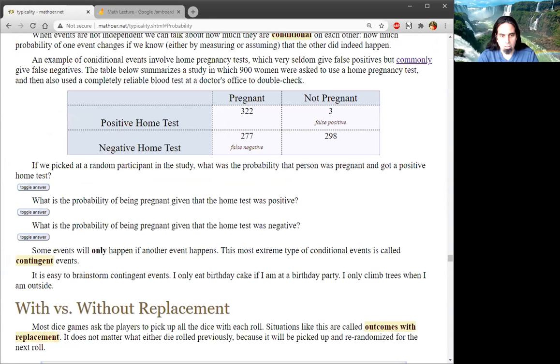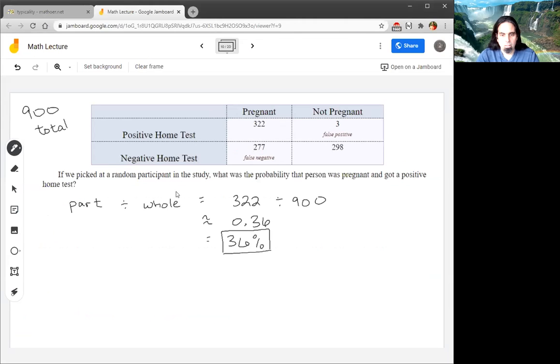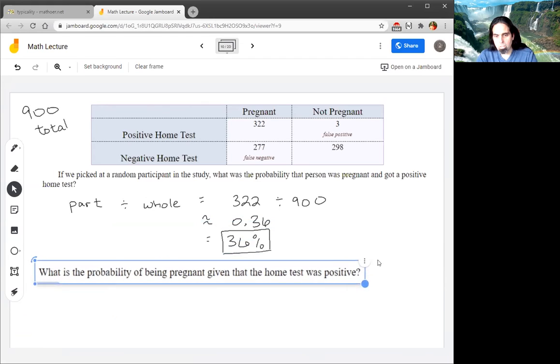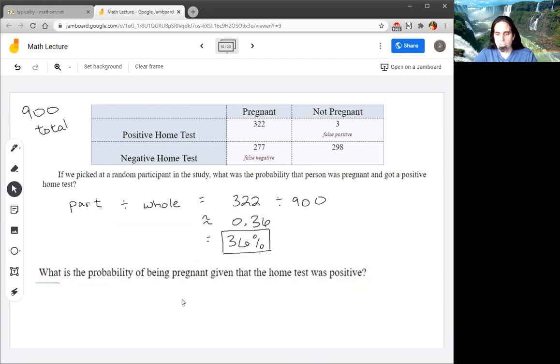Okay, next, what's the probability that somebody is pregnant given that the test is positive?